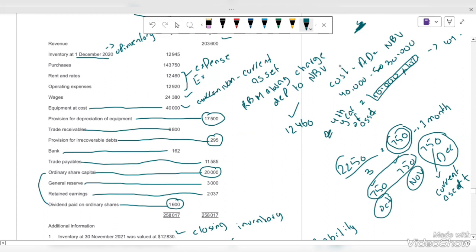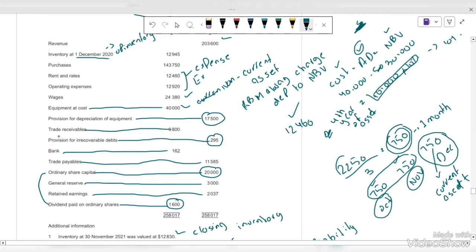I gave you an example that if the cost of your asset is 40,000 and accumulated depreciation is, say, 30,000, this amount shows how much you have depreciated from your asset until now. After that you will minus accumulated depreciation from cost, and you will have the net book value. So RBM is always applied on the net book value.